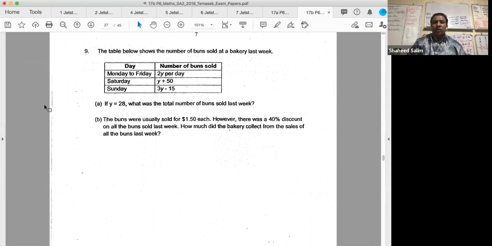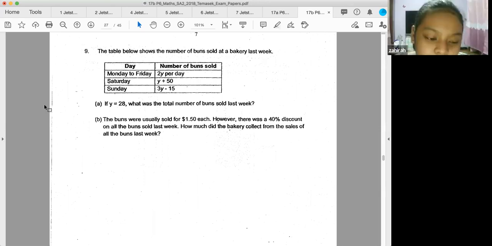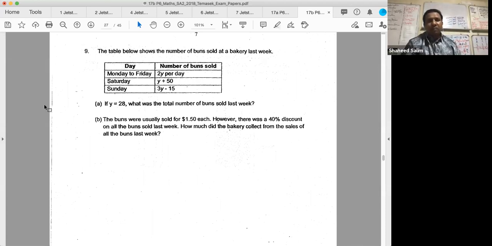Question number 9, let's try this. You can do this, algebra. 2y times 5, right? Must times 5. You get 10y, right? Yes, correct.